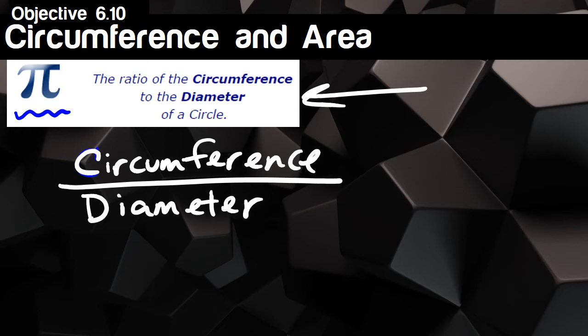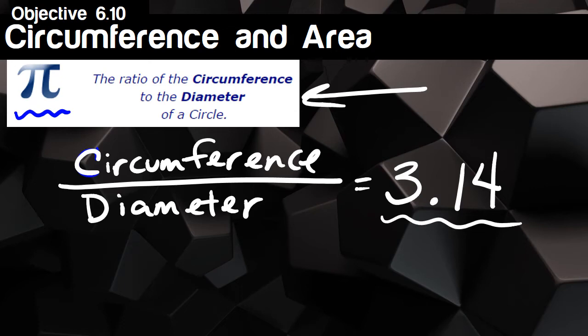It's kind of cool because for every circle, when you divide the circumference by the diameter, you get somewhere in the ballpark of 3.14. We're going to round it to the nearest hundredths place. We're not going to write out the whole number for pi because you'd be there a very long time, so we're going to use 3.14 as our estimate.